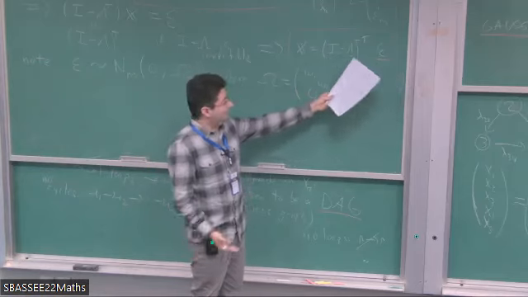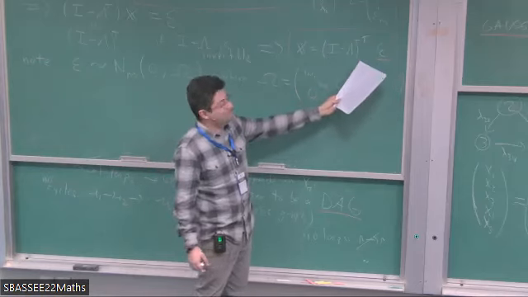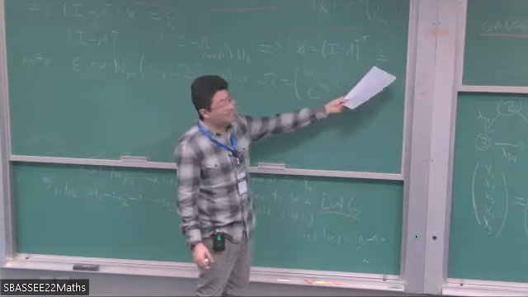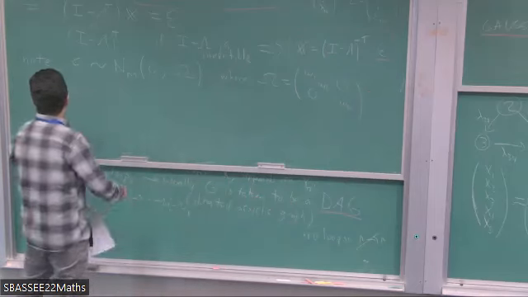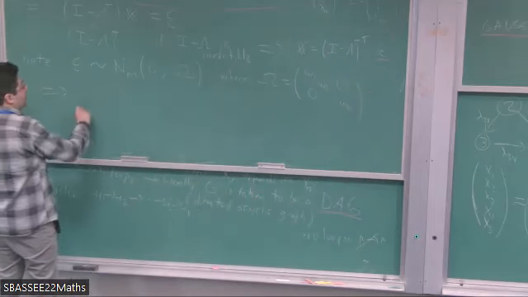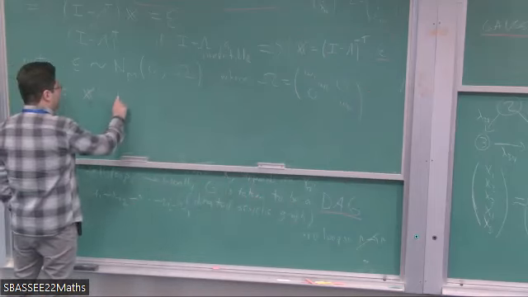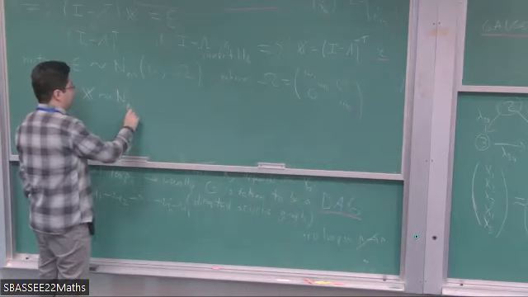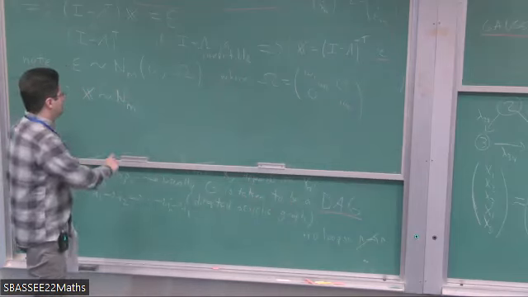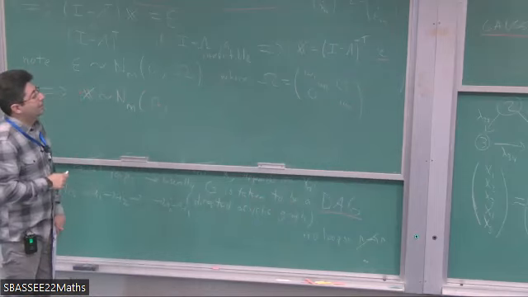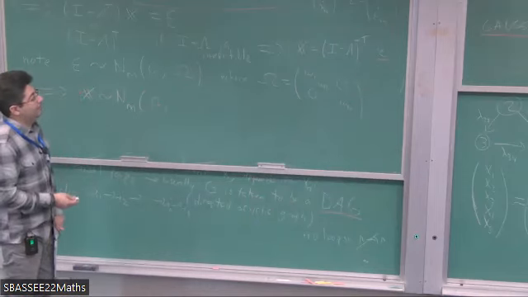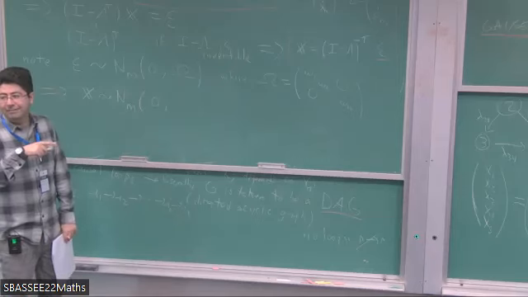We saw at the very beginning, I recall, that then this has to be Gaussian again, and we know exactly what the parameters are. So X will be a multivariate Gaussian, the mean is still going to be 0, and the covariance matrix, remember the formula, was A sigma A transpose.